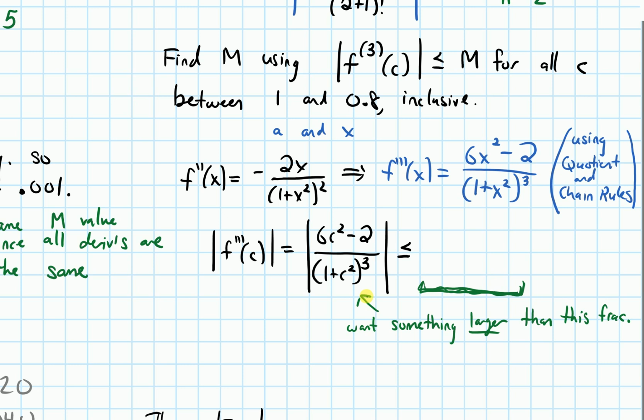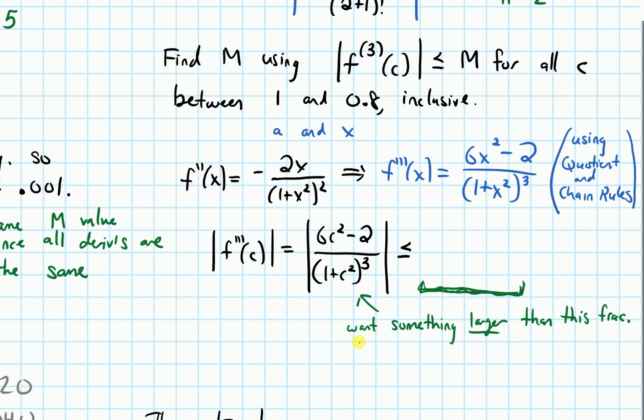And it's harder in this example than the one that we looked at in the last video to just look at this and think about what value between 0.8 and 1 is going to make this as big as possible. Okay, so to do this, we can actually find an upper bound without figuring out the exact value of c that maximizes this.